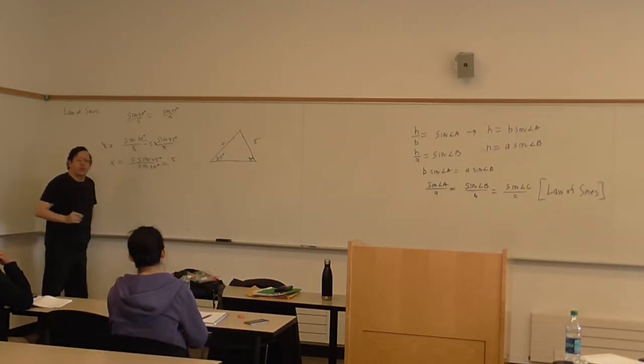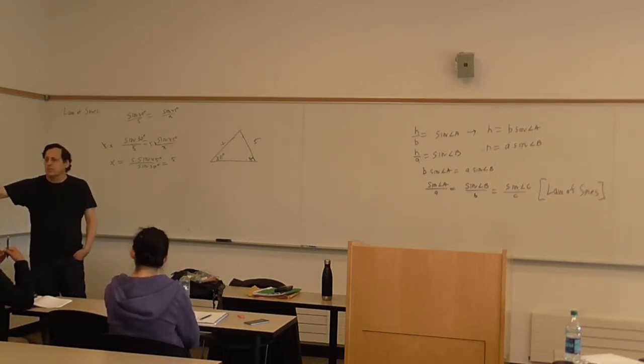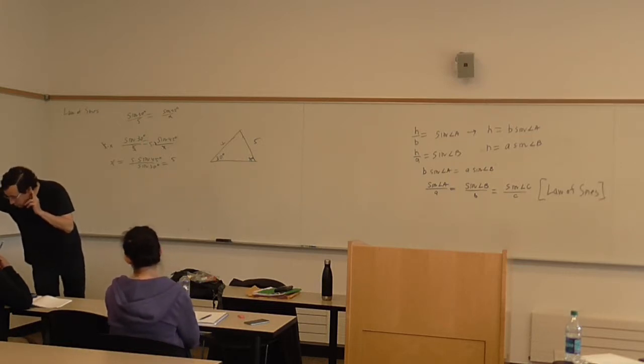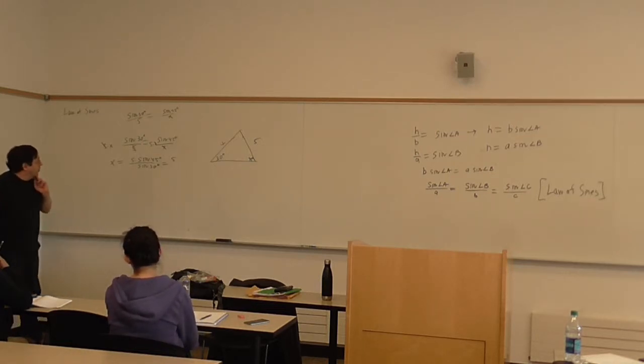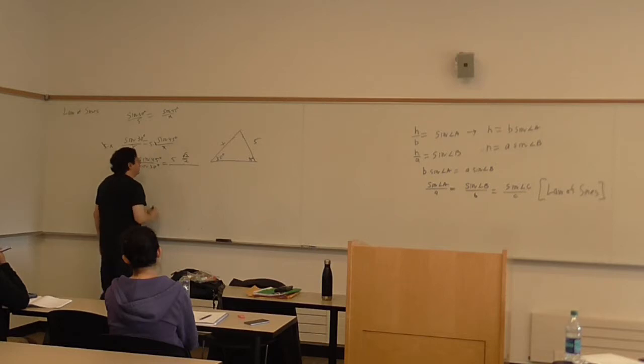What is the sine of 45 degrees? Exactly. Yeah, the sine of 45 degrees, square root of 2 over 2, okay.